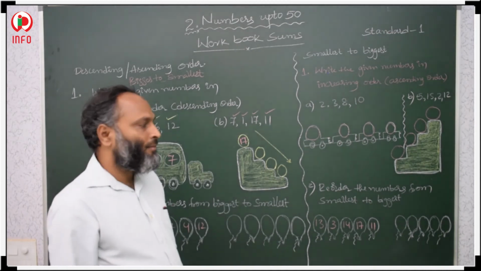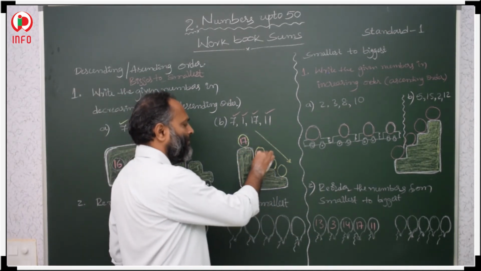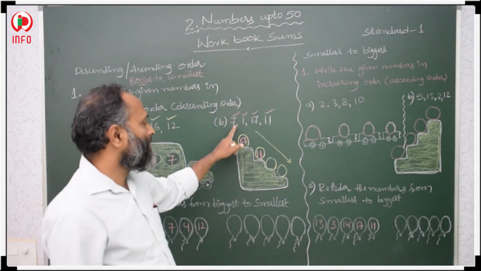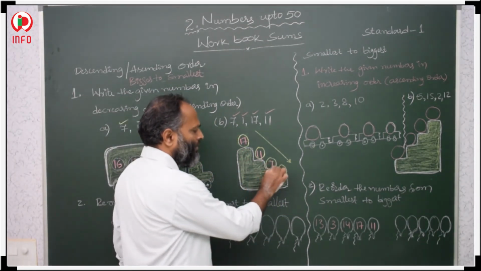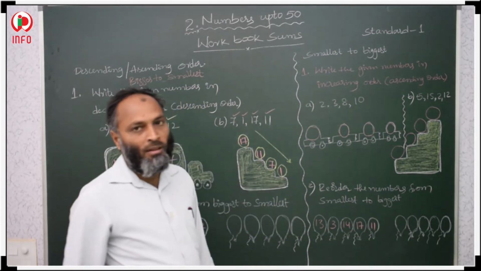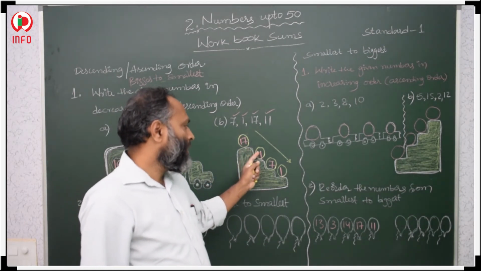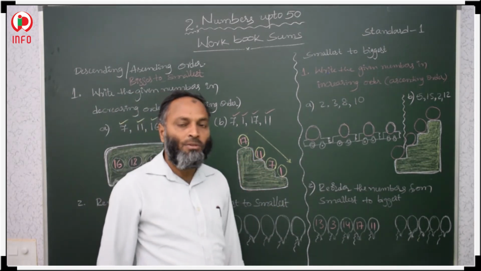Then smaller than this is 11. Smaller than this is 7. Then smaller than this is 1. 1 is the smallest one. In this way we have to arrange from bigger to smaller.